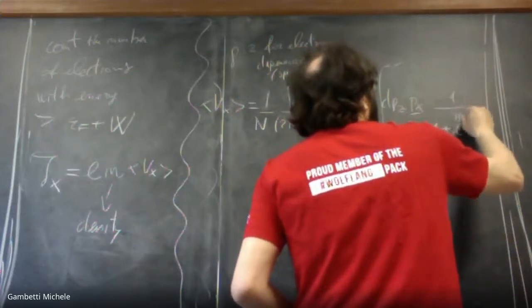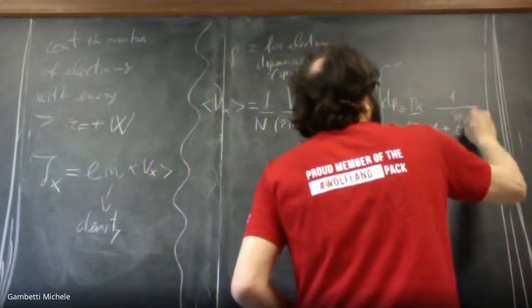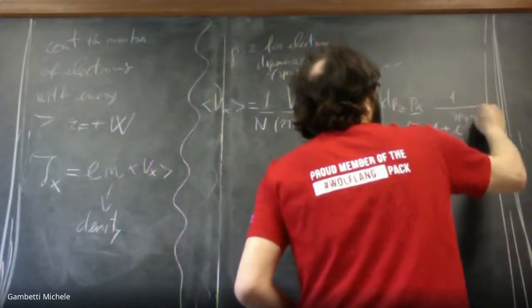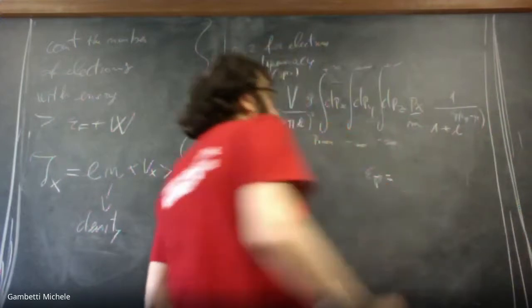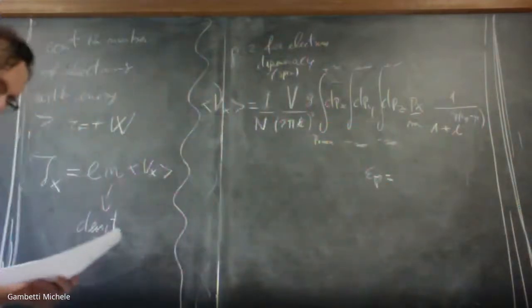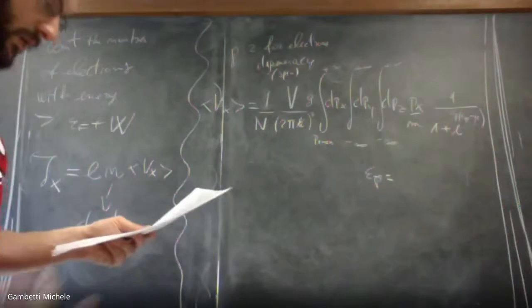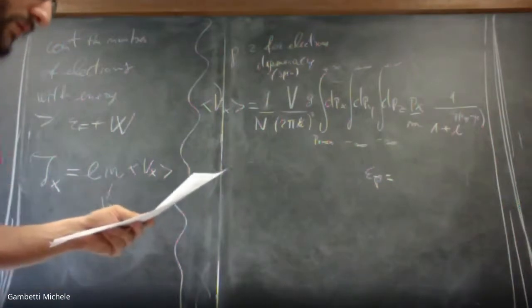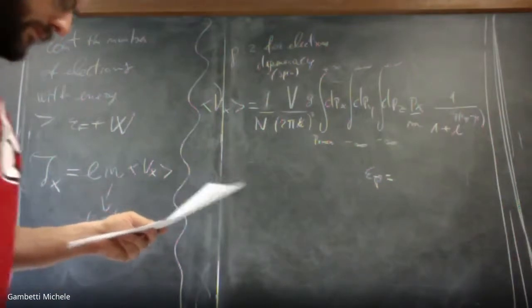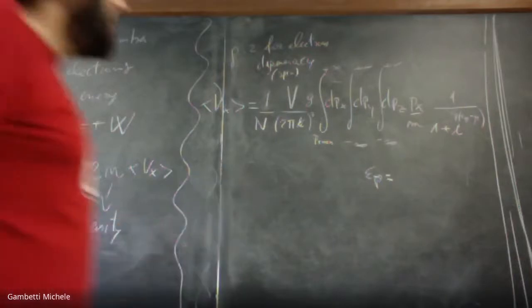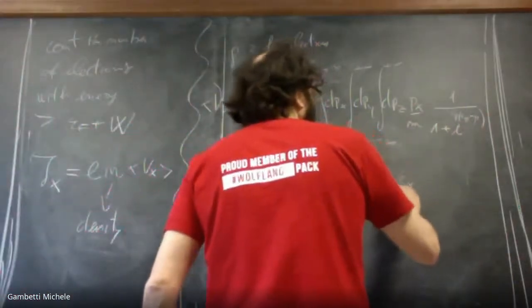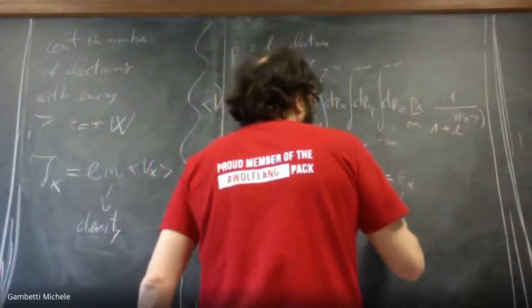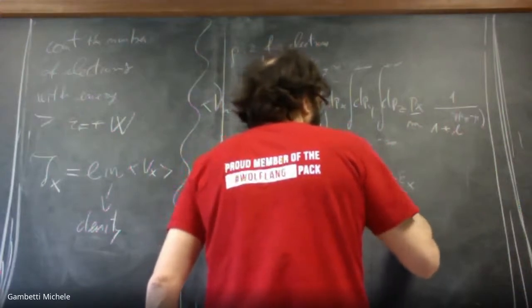So here I have the typical epsilon p minus mu, where epsilon p, of course, contains all the three contributions to the kinetic energy that we call Ex, x component, if you want.